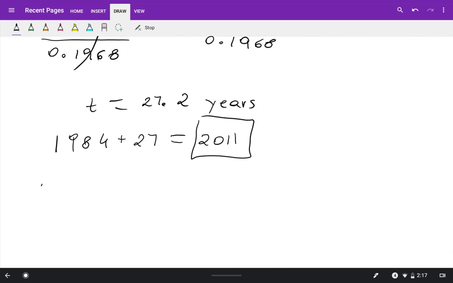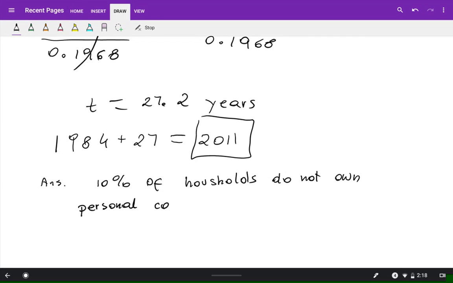Okay, so the answer is: 10% of households do not own personal computers in 2011. Oh, my English, guys.